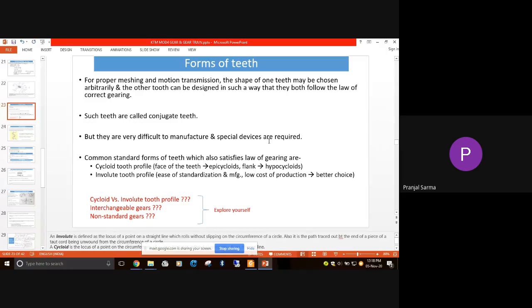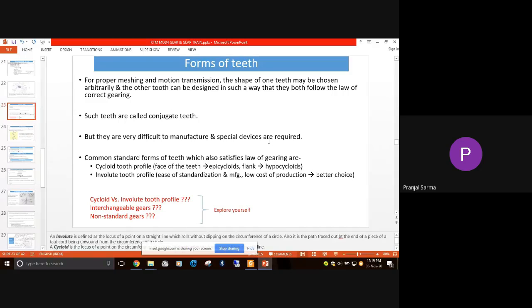So in that case, suppose you have to engage two gears. For your own profile you can design or choose arbitrarily, and then you have to choose the teeth profile for the other gear which should mesh with this.